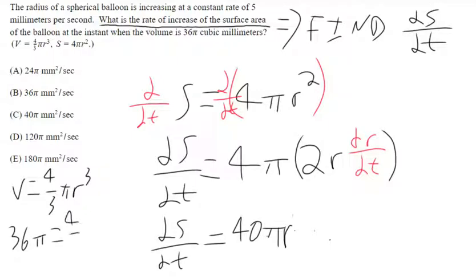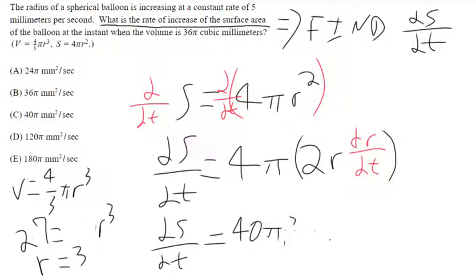So we set 36 pi equal to 4/3 pi r cubed. The pi's cancel out because we have a pi on both sides, so you just divide both sides by pi. Then when you multiply both sides by 3/4, 36 times 3/4 is 27. So we know that 27 equals r cubed, which tells us that r equals 3. So this r right here is going to be a 3.